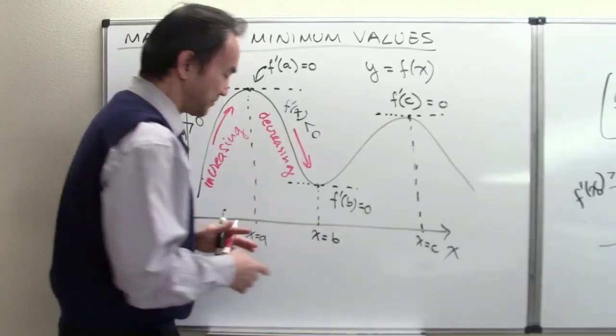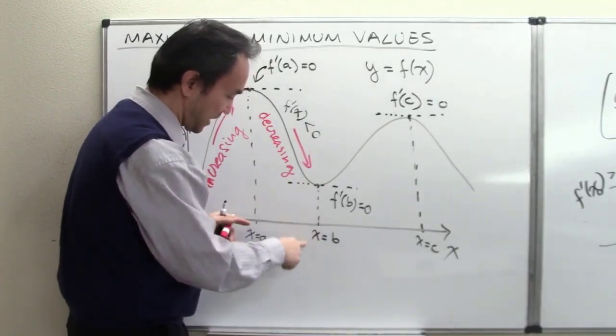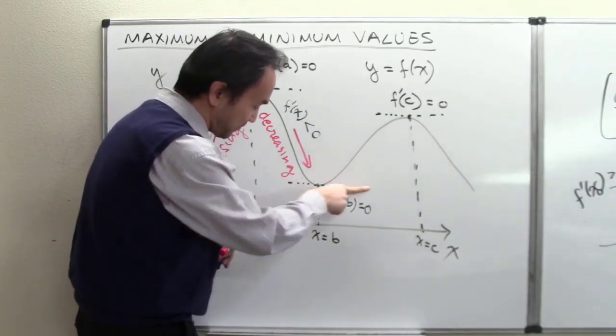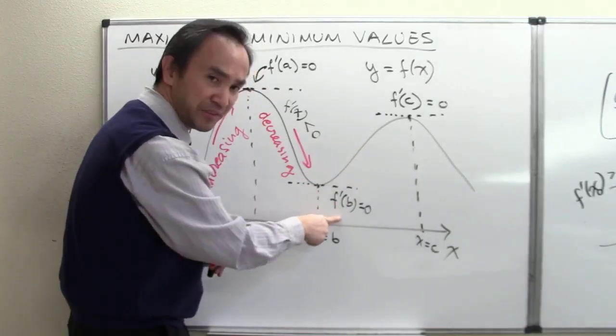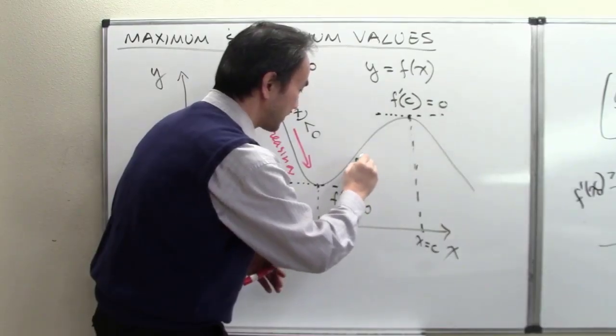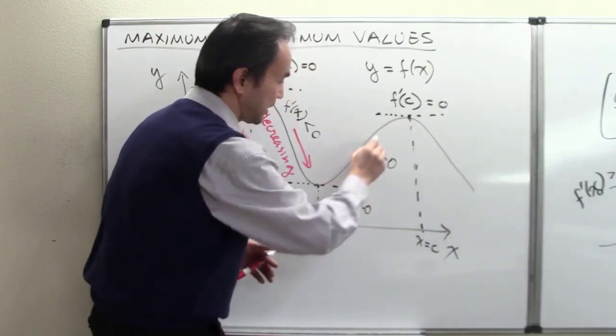So now let's continue. In this picture, at x equals b, we reach a horizontal tangent line, meaning zero slope. That's why I wrote it down right here. The slope of the tangent line has to be positive in this area.